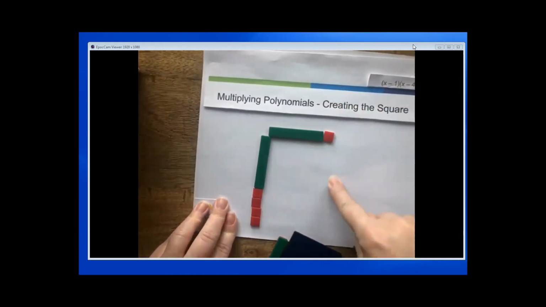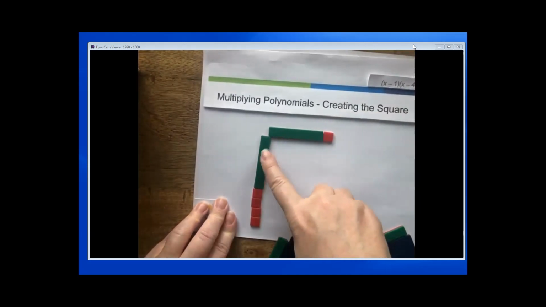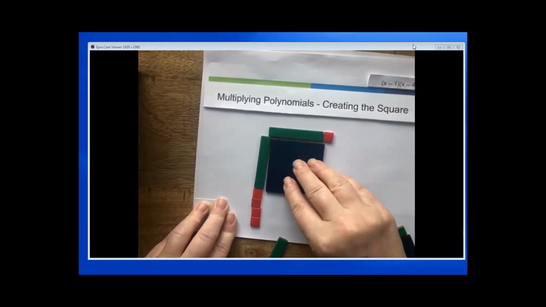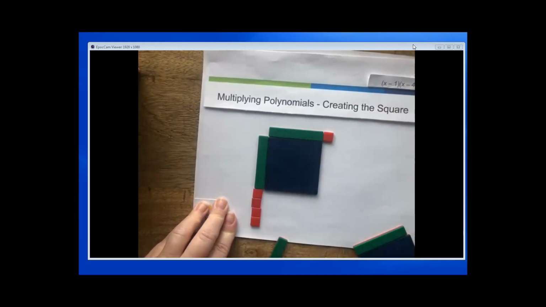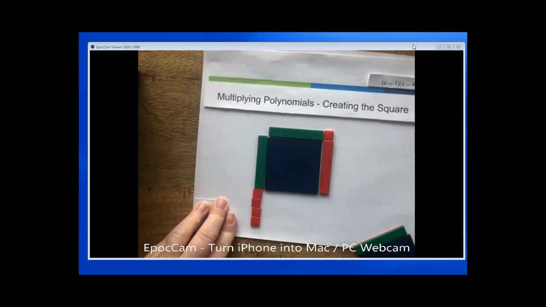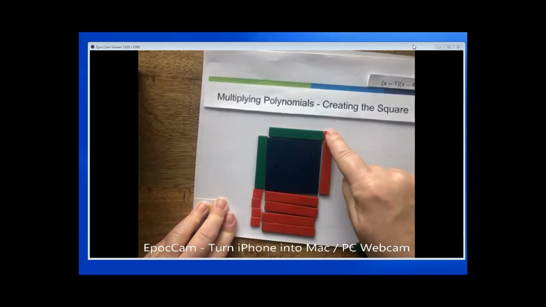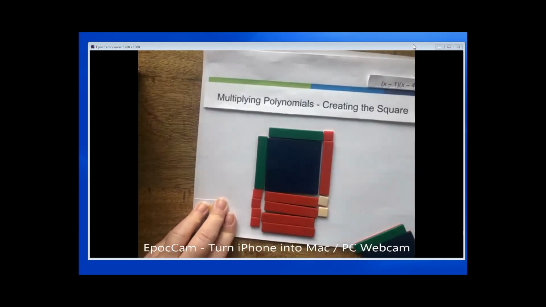Now I want to fill this in based on what I get when I multiply my factors here. So I have x times x equals positive x squared. I have x times negative 1. I have negative 1 times x, 4 times. Okay, and then I have negative 1 times a negative 1, which is positive.